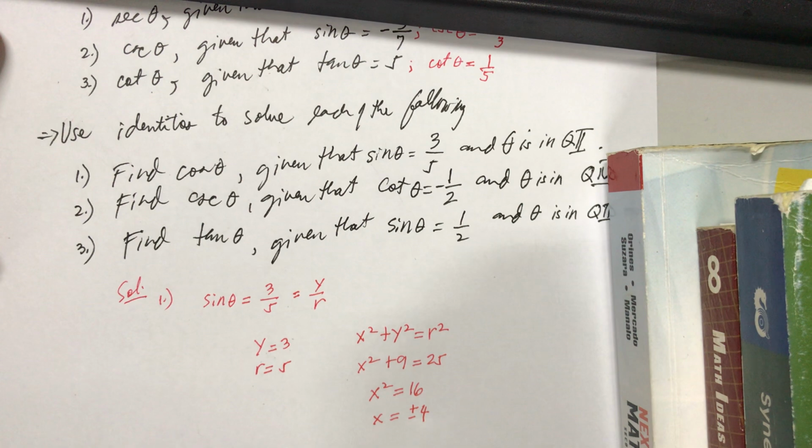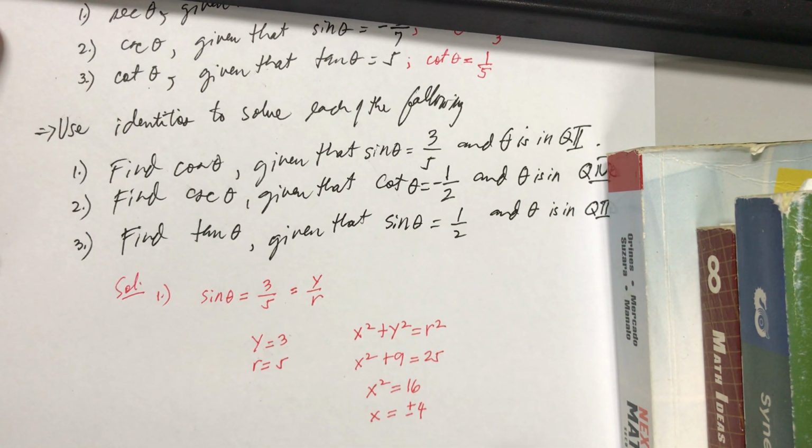The question then is, which of the two values of x are you going to take for you to eventually find cosine theta? Take note that there is this parameter that the angle theta is in quadrant 2. The terminal side of that angle is in quadrant 2.